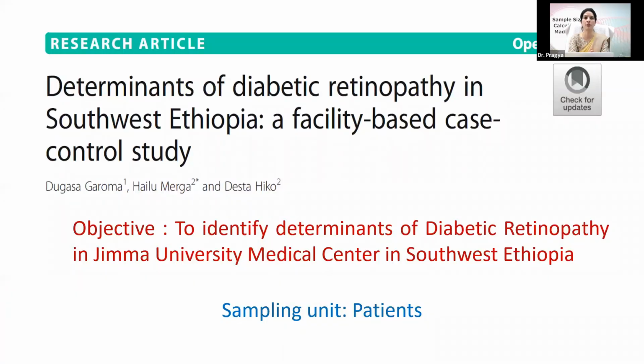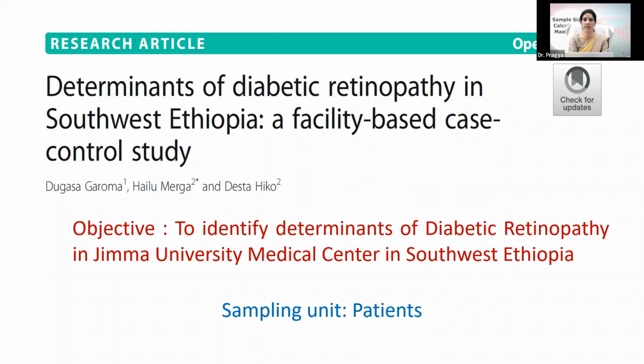So I will be showing you the calculations on the following examples. This first example is determinants of diabetic retinopathy in Southwest Ethiopia, a facility-based case control study. The objective is to identify determinants of diabetic retinopathy in Jimma University Medical Center in Southwest Ethiopia, and the sampling unit is patients.